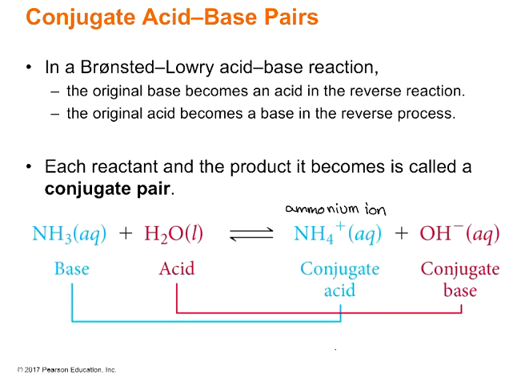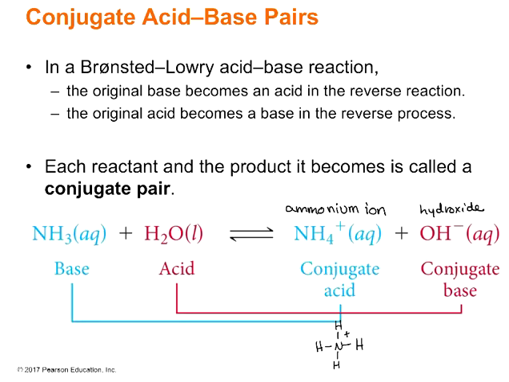And if we draw the Lewis structure again, we can see that nitrogen does not have any lone pairs, so it cannot act as a base in the reverse direction. So it would be our acid. And then the hydroxide ion would be our base.